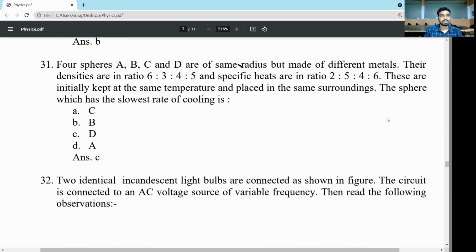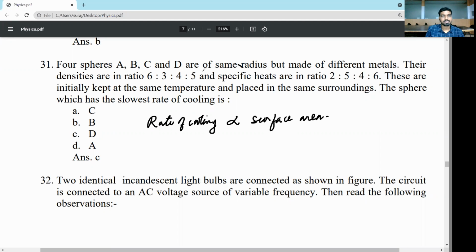These are initially kept at the same temperature and placed in the same surroundings. Which sphere has the slowest rate of cooling? See, the rate of cooling will be directly proportional to the surface area, because heat can radiate much faster there.